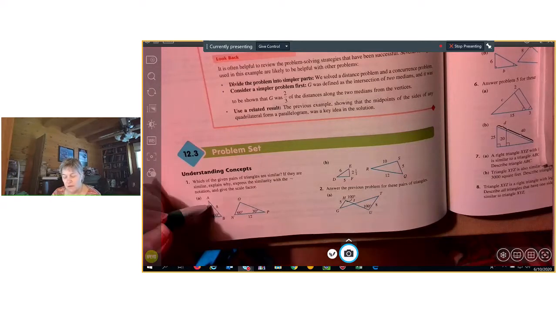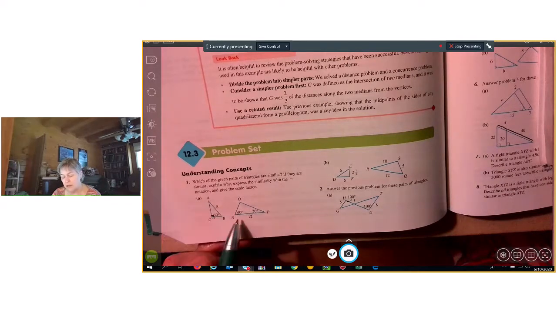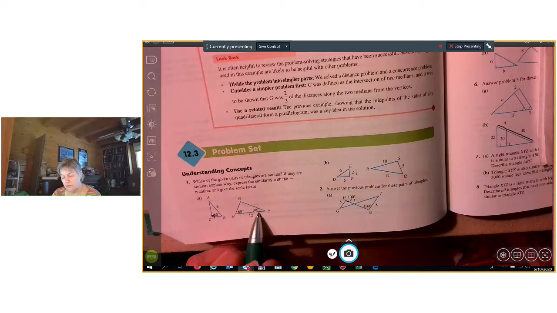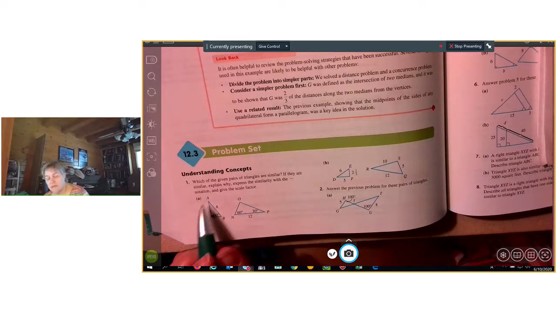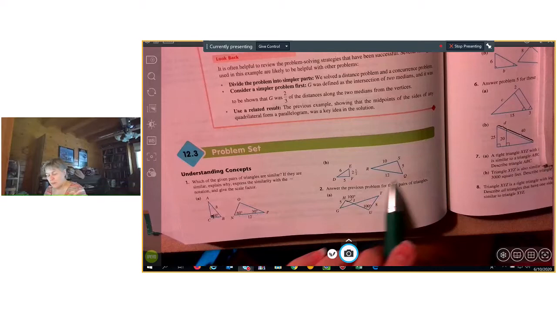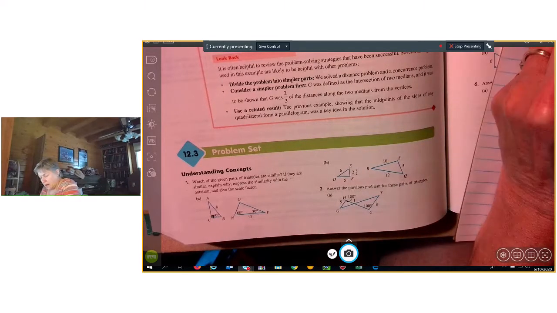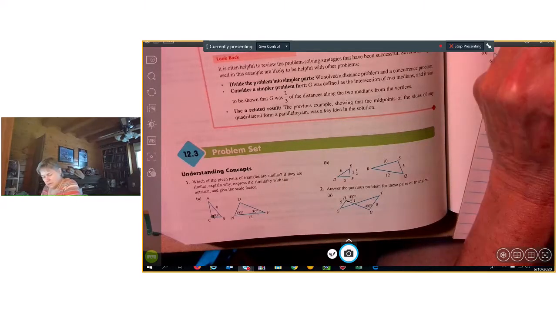So I'm given an angle, angle, side. I'm given an angle, side, angle. So none of my properties that I have fit these two triangles. So this is the one that's actually going to be the one that's the similar triangle.